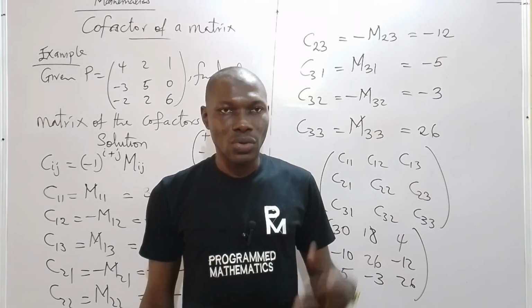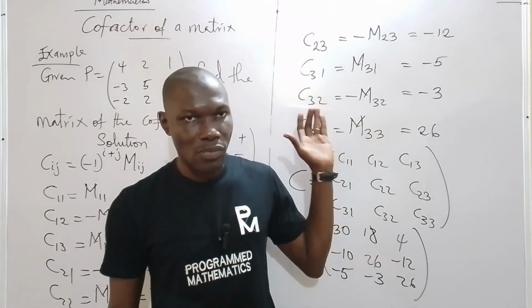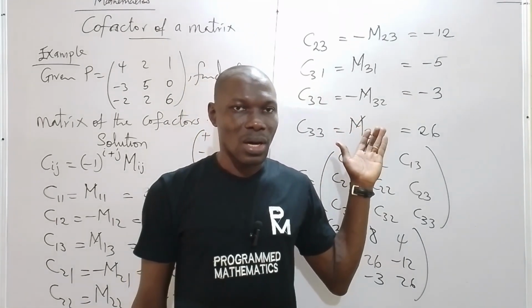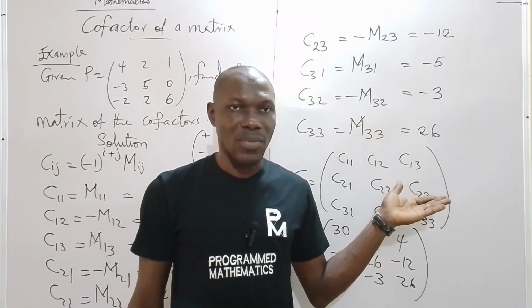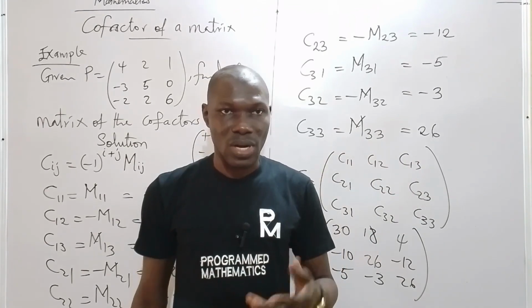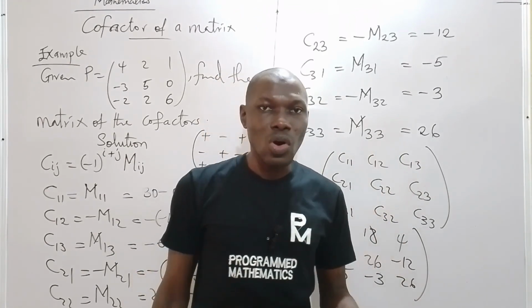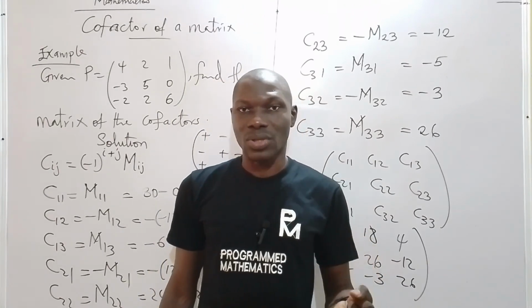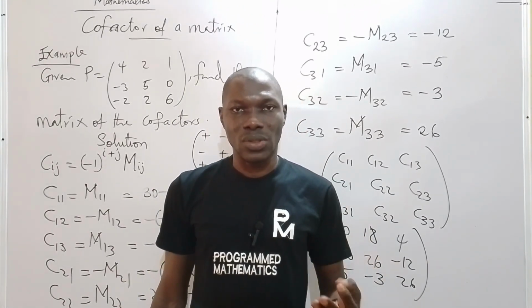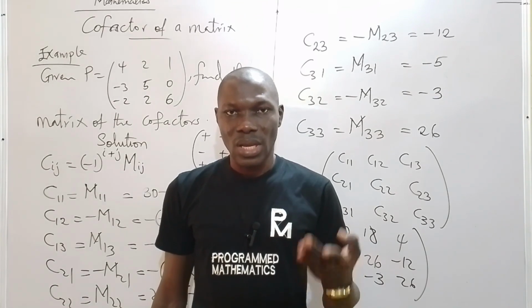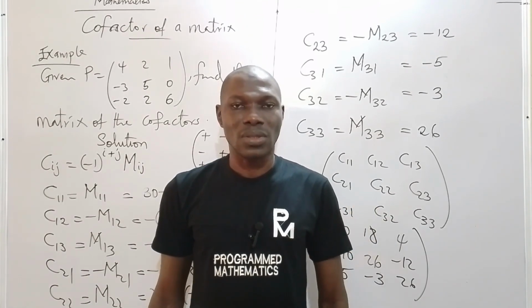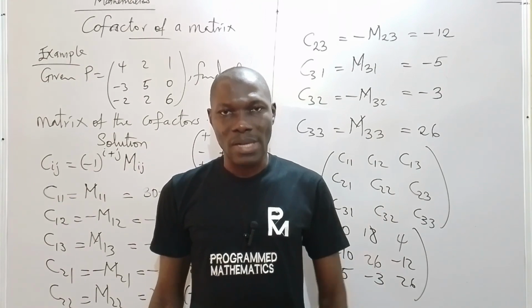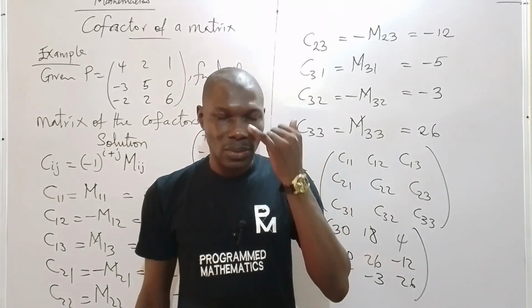In one of the videos also, I'll be explaining the adjoint of a matrix. So once you know how to find the determinant of a matrix, you can find the cofactor of a matrix, the adjoint of a matrix, and the inverse of a matrix. Then you can also solve systems of equations using the matrix method. All of these are discussed in this series.